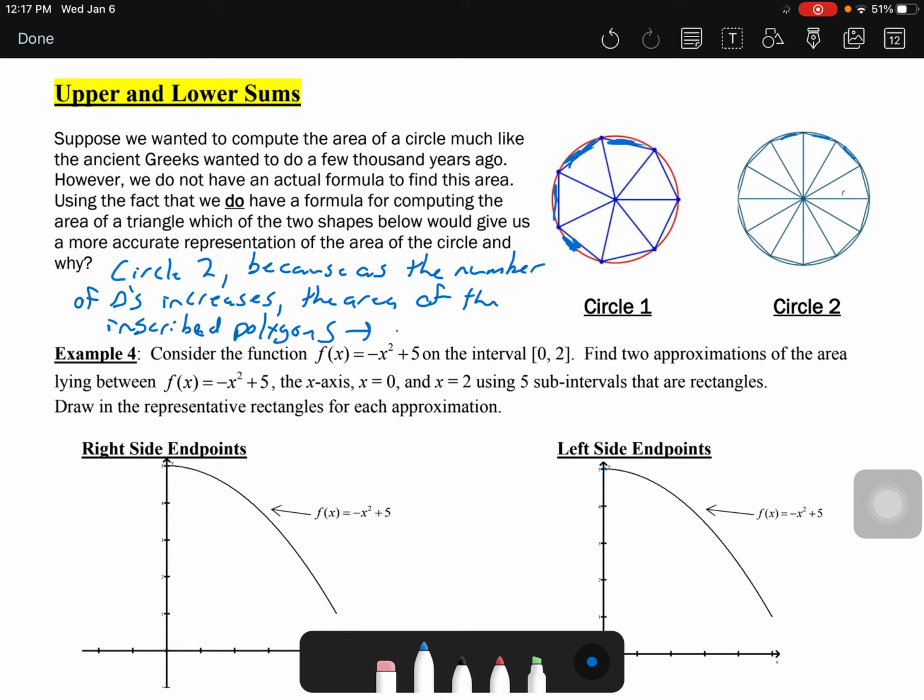I'm just going to say approaches the area of the circle. Okay?